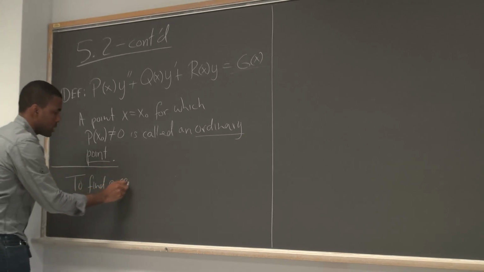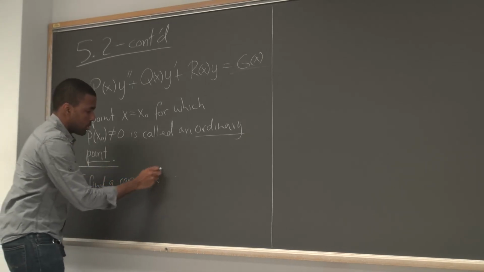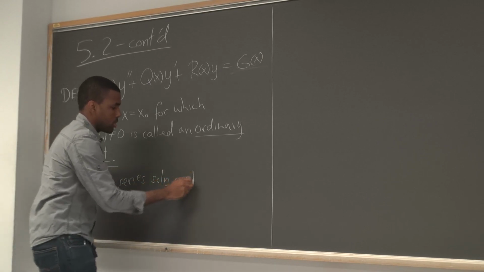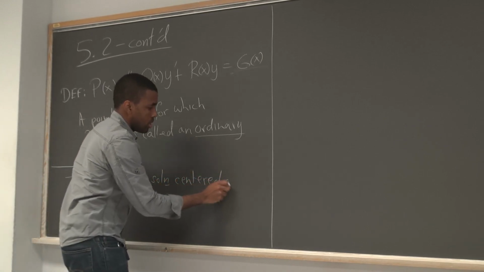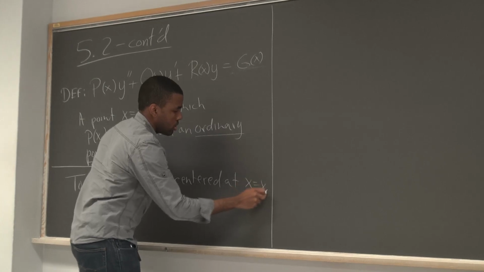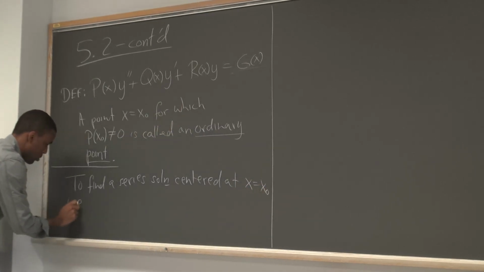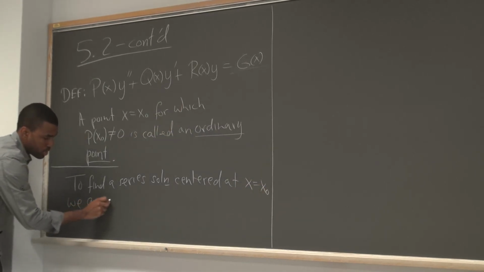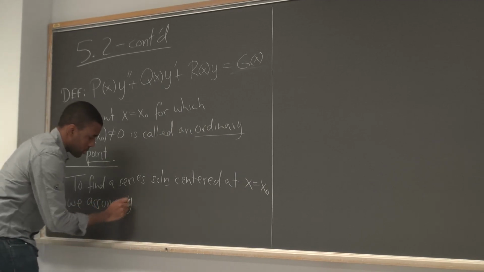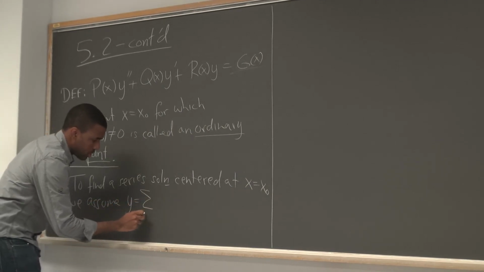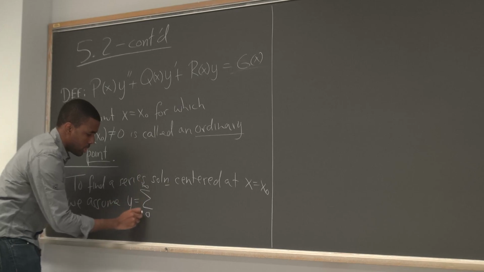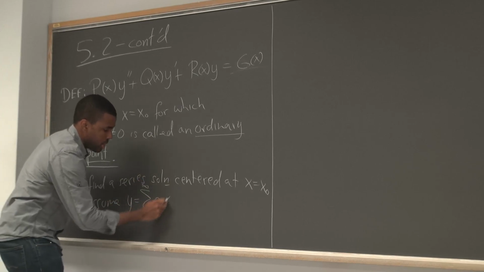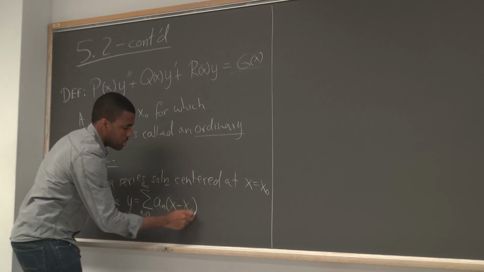To find a series solution centered at x equals x naught, we assume that y can be written as a power series centered at x naught, right? So the series from n equals 0 to infinity of a n times x minus x naught to the n.